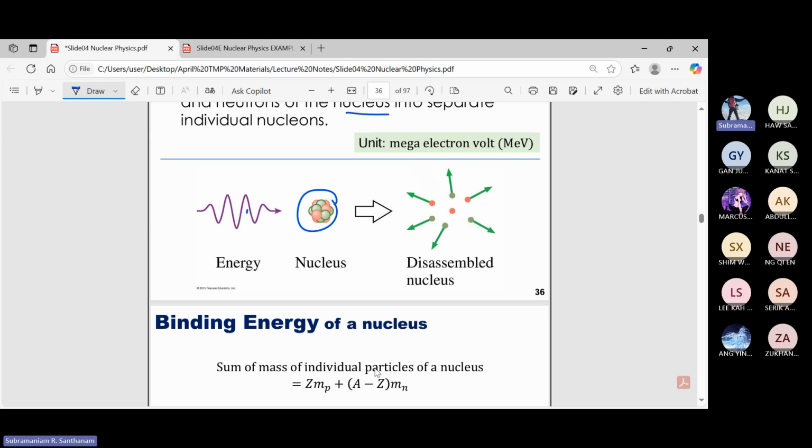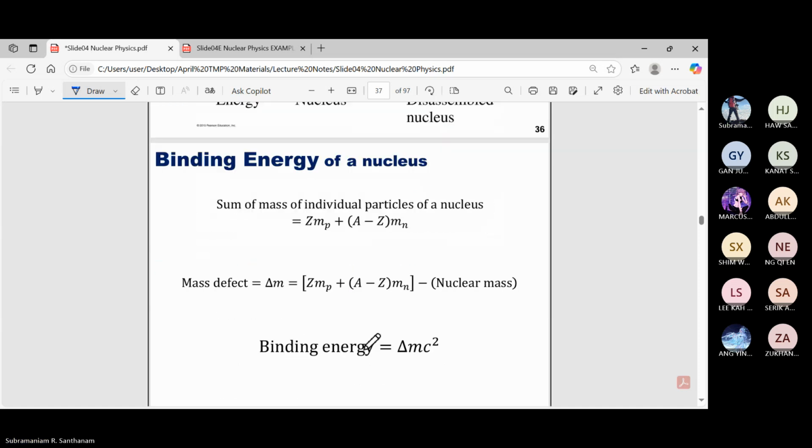If more energy is needed, that means the nucleus is stable. Less energy, the nucleus is not stable. That's how we conclude about the stability of a nucleus based on the binding energy. The higher the binding energy, the more stable the nucleus.